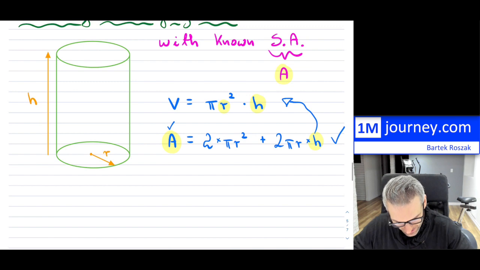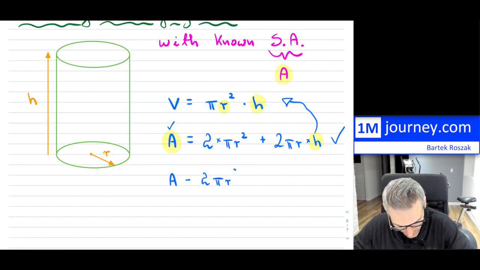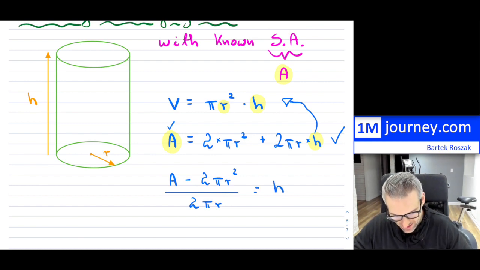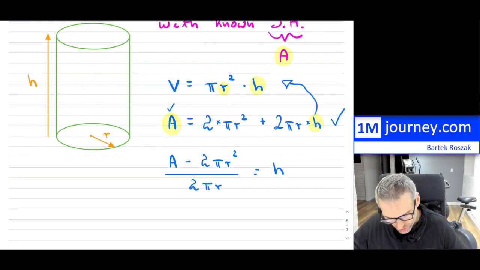So if I isolate for H, I'm going to get that A, the surface area, minus 2 pi R squared, divided by 2 pi R, is going to be equal to H. I'm going to take this and substitute it back into my volume equation.